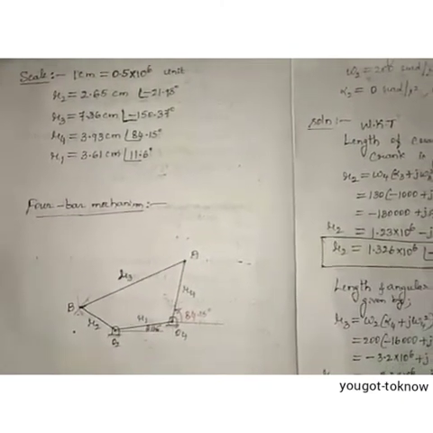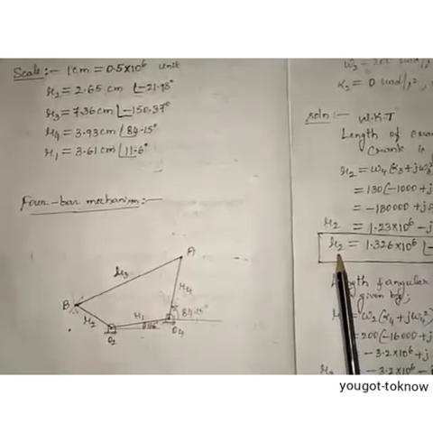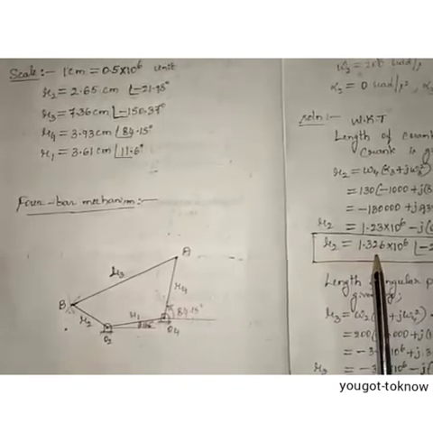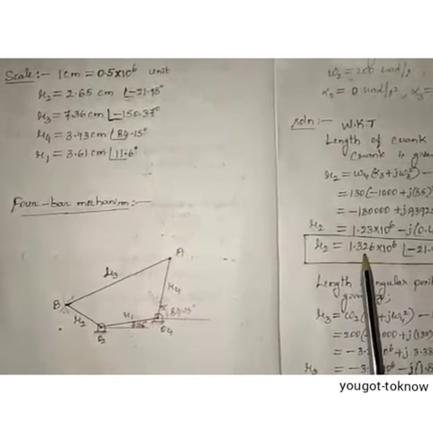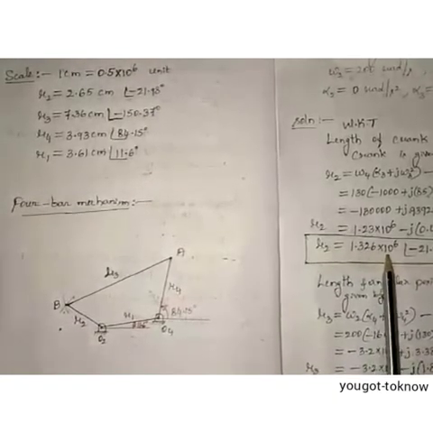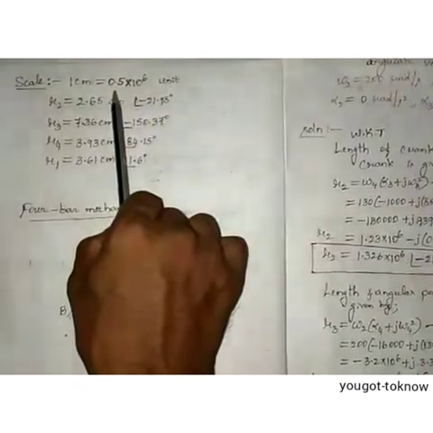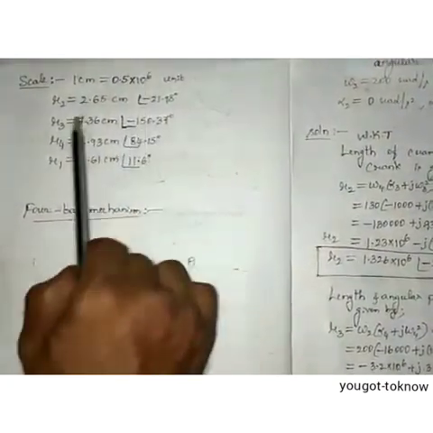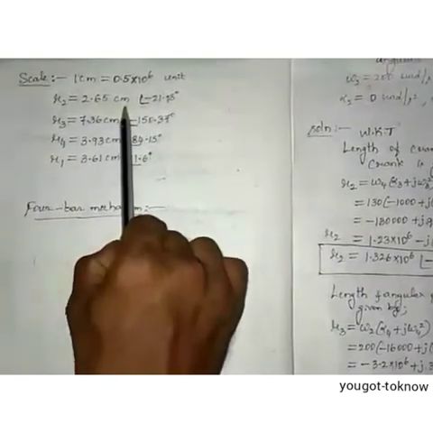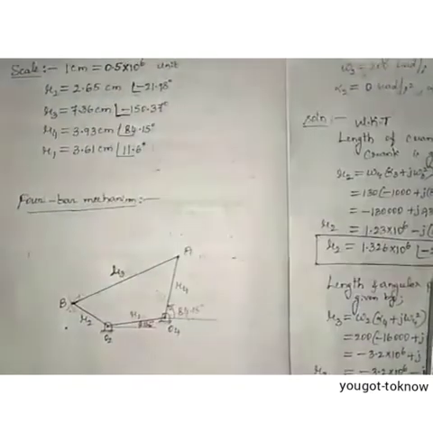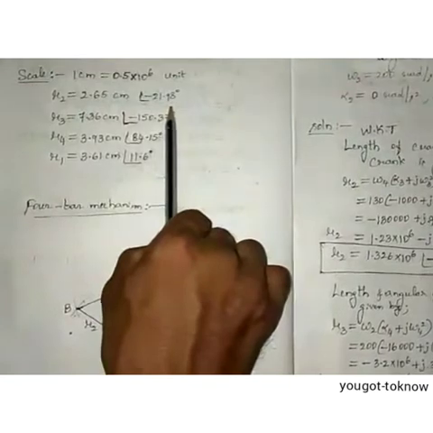For example, here we can see the R2 value and its angular position. 1.326 into 10 power 6 divided by 0.5 into 10 power 6. Then the value of R2 is 2.65 centimeter. Then keep the angle as it is.